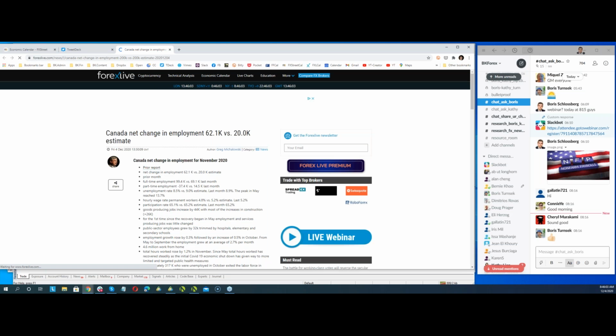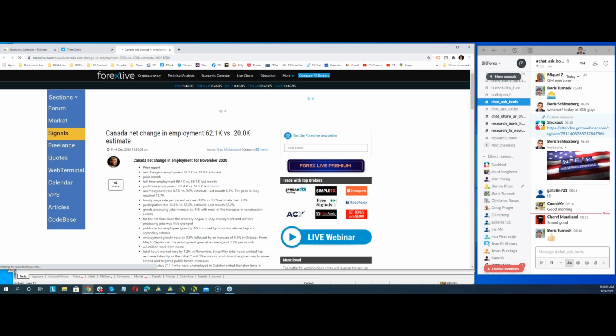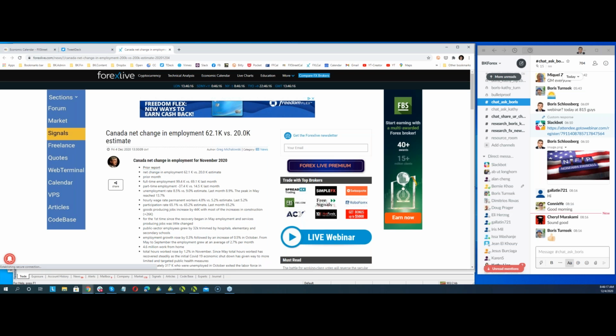This is actually a very bullish report. Full-time employment 99 versus 69 last month. Part-time employment was negative. So part-time decline, full-time increase, that's positive. These are all really, really positive numbers.